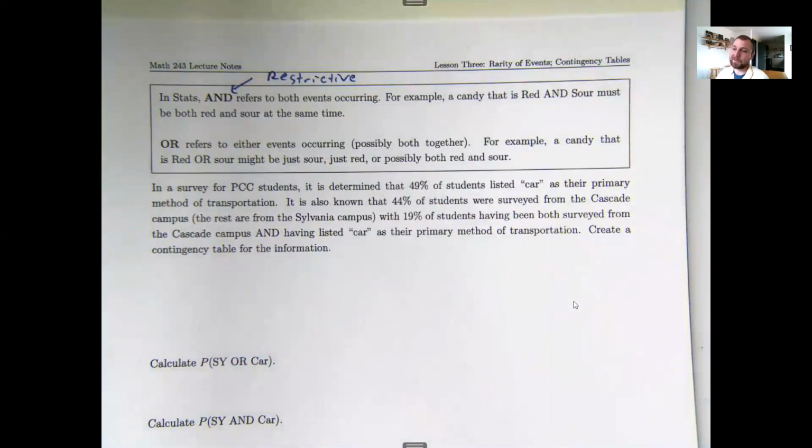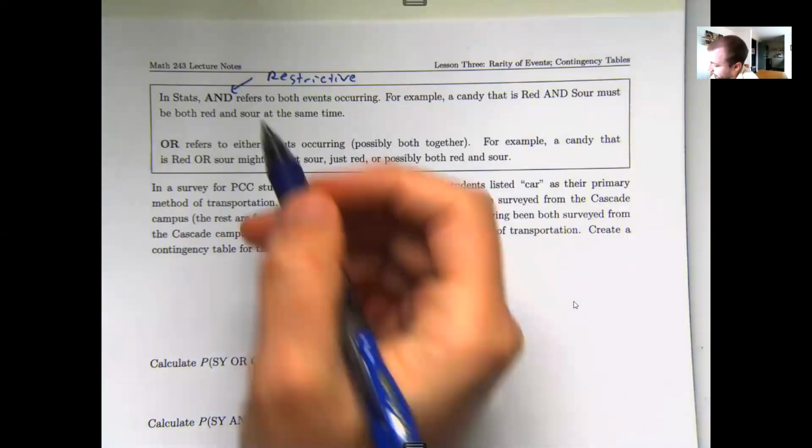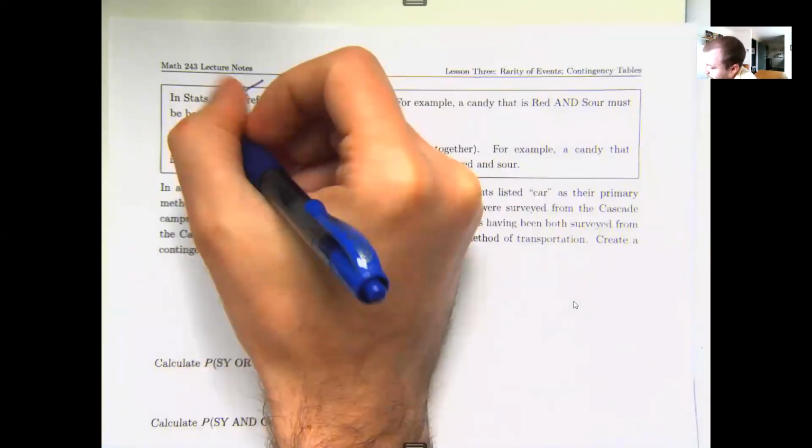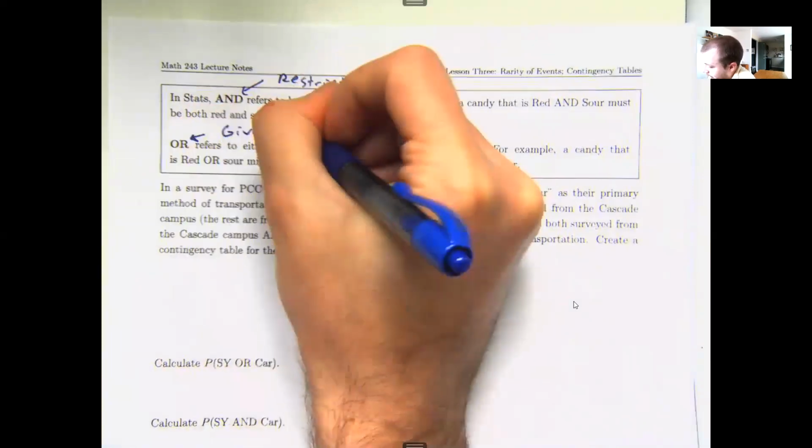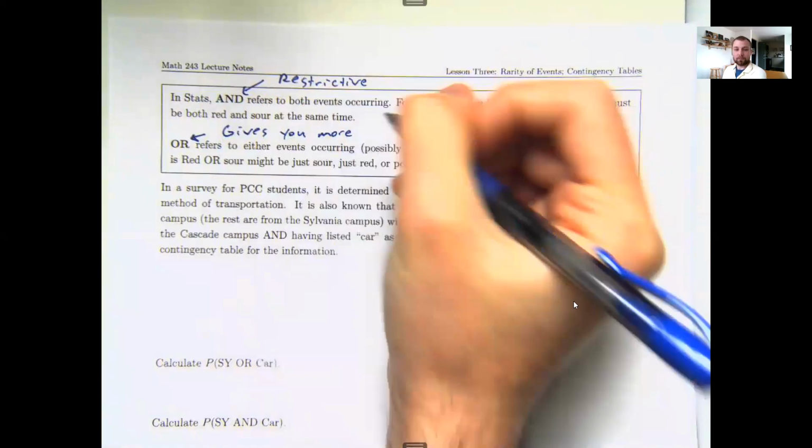If I said I want candy that's red or sour, that means I'm happy with anything that's red or I'm happy with anything that's sour. If it happens to be both, cool. So and is restrictive, or gives you more when it comes to options.